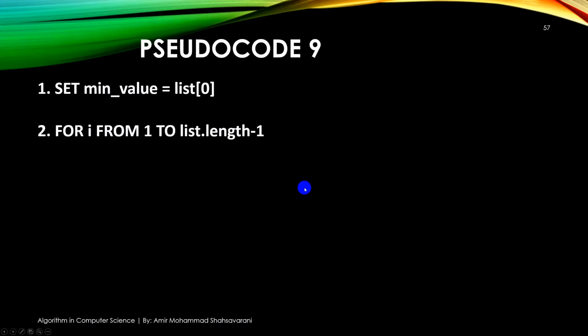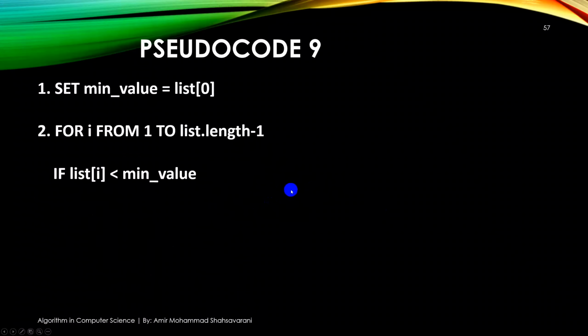We'll say first, set our min value to the first item of the list, index 0. Then we make a for loop for item from 1 to list length minus 1.